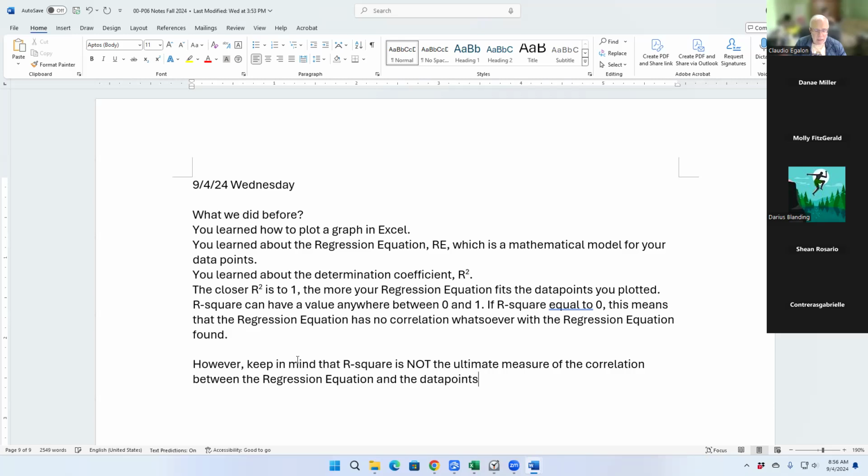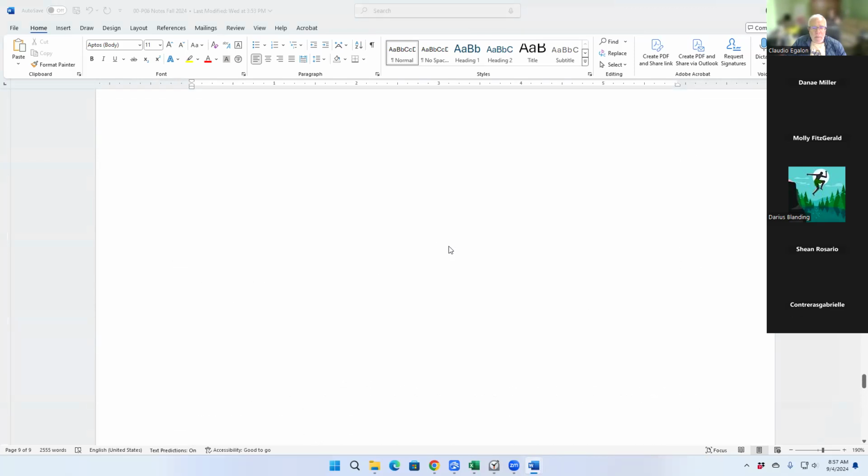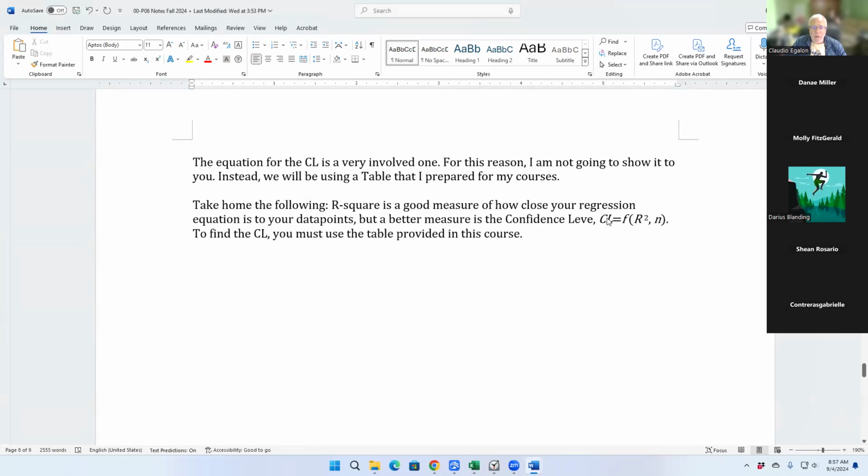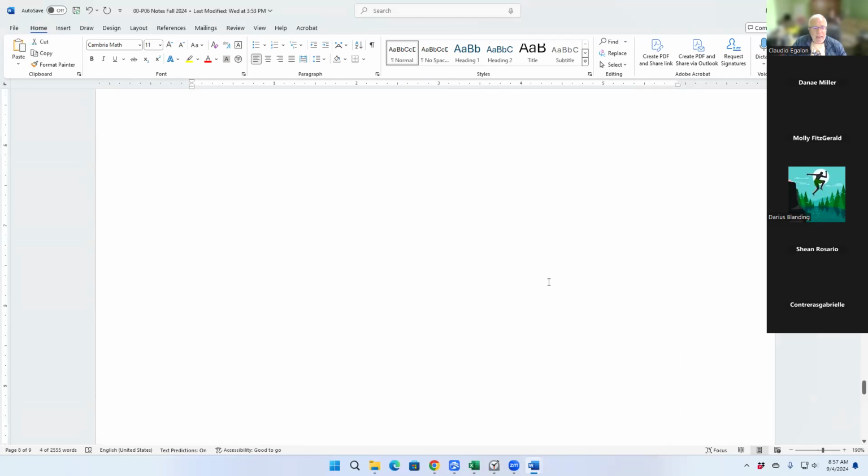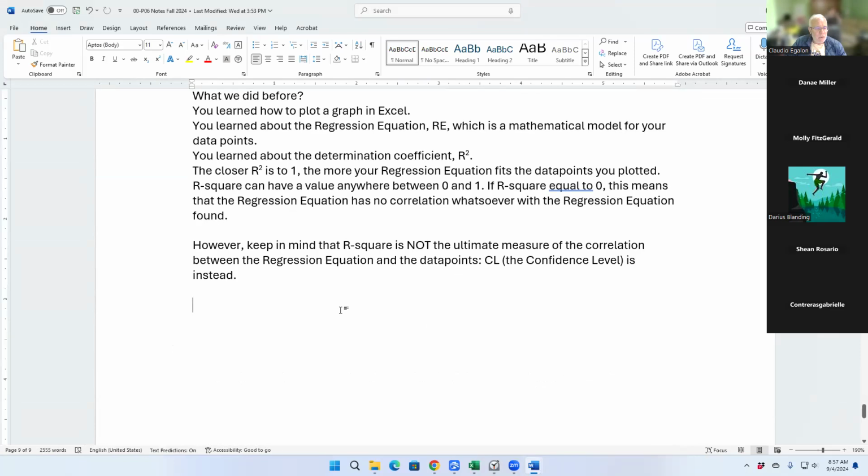CL, confidence level, is instead. And I mentioned that before, right? That the CL is a function of R squared and N. N is the number of data points.